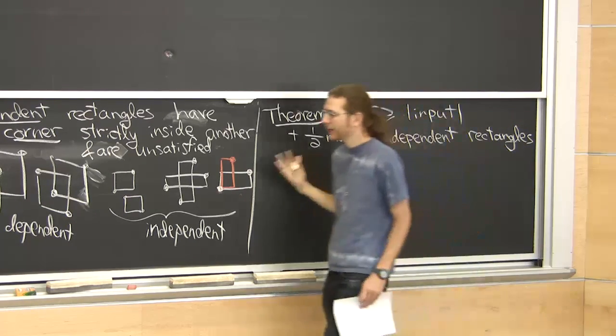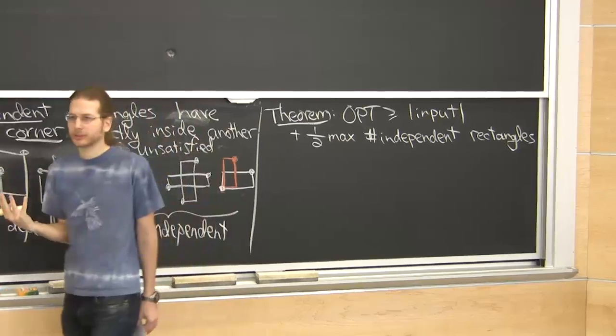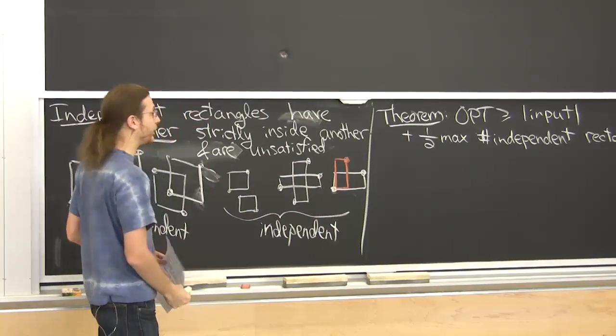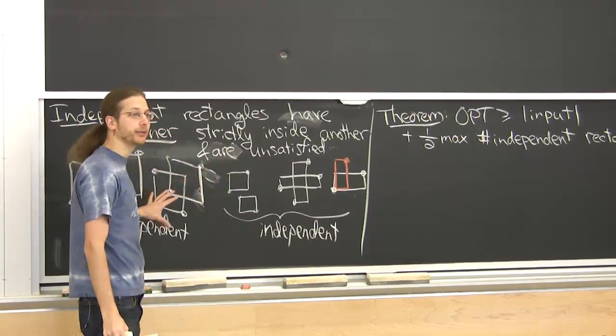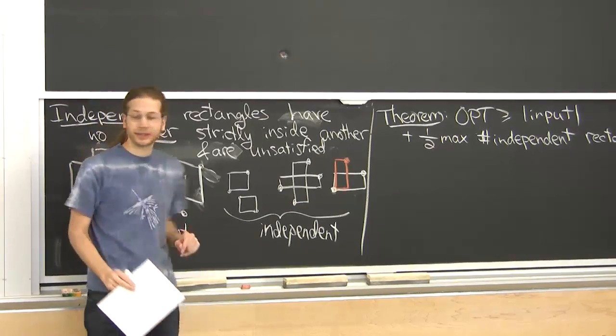Okay, so this is a max independent set problem. In general, that's NP-complete. Turns out we'll be able to at least approximate the number of independent rectangles within a constant factor by the end of class.